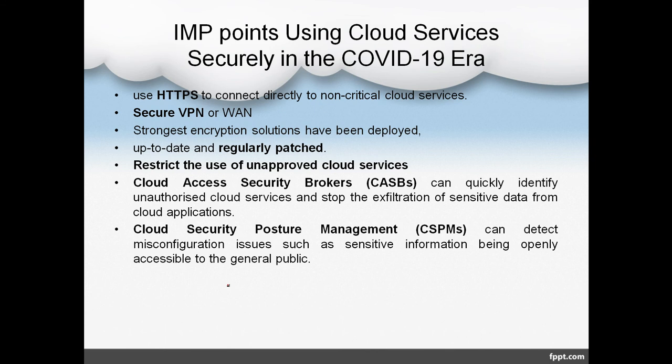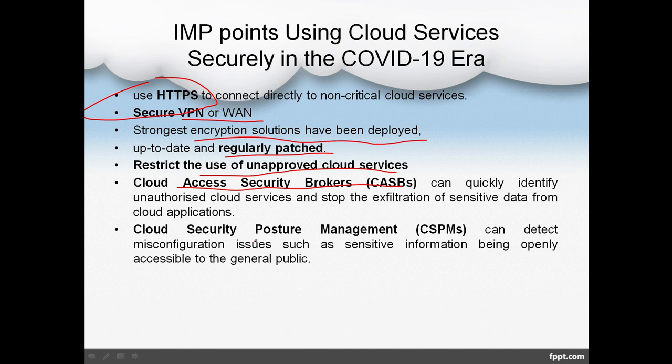Important points for using cloud services securely in the COVID-19 era. Use HTTPS; first, simple steps to connect directly to non-critical cloud services. Secure VPN or WAN. Storage encryption solutions have been deployed, up to date and regularly patched. Restrict the use of unapproved cloud services. Cloud access security brokers can quickly identify unauthorized cloud services and stop the exfiltration of sensitive data from cloud applications.